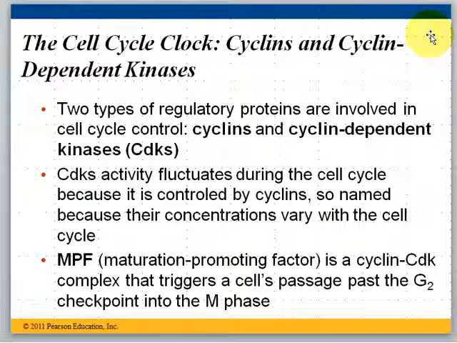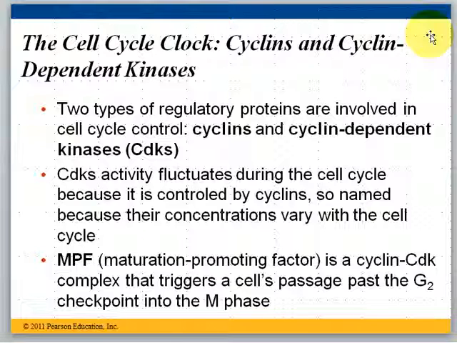The cyclin-dependent kinases are, well, we already know that kinases are proteins that phosphorylate other enzymes or other proteins. They take a phosphate group from ATP and they add it to another enzyme or protein to either activate it or deactivate it. And there's a particular one in here called MPF. I think the actual name, or what the initials stand for on MPF, is maturation promoting factor.